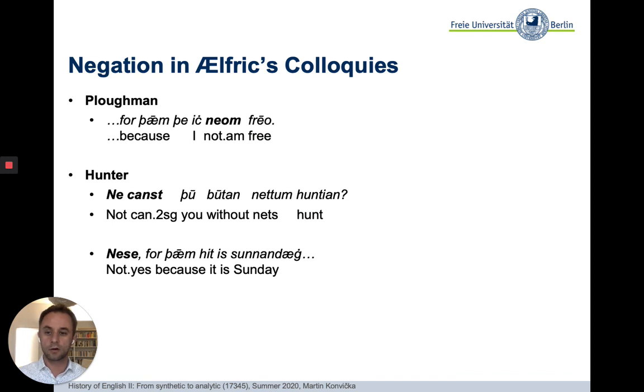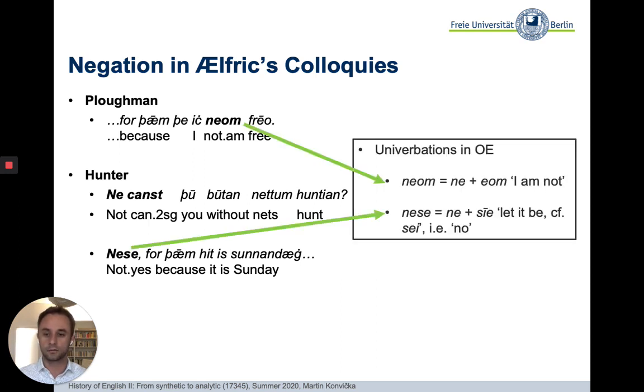So in the ploughman, you have a sentence such as "Forthon ich neom freo," because I am not free. And in the hunter, you have instances such as "Ne canst thu huntian butan nettum," aren't you able to hunt without your nets? "Nese, forthon sunnandæg is," no, because it is Sunday, right?